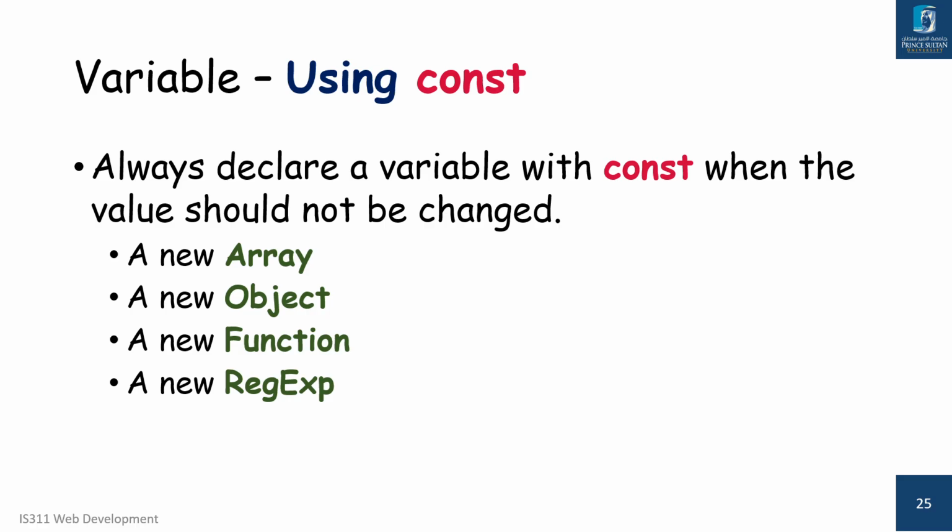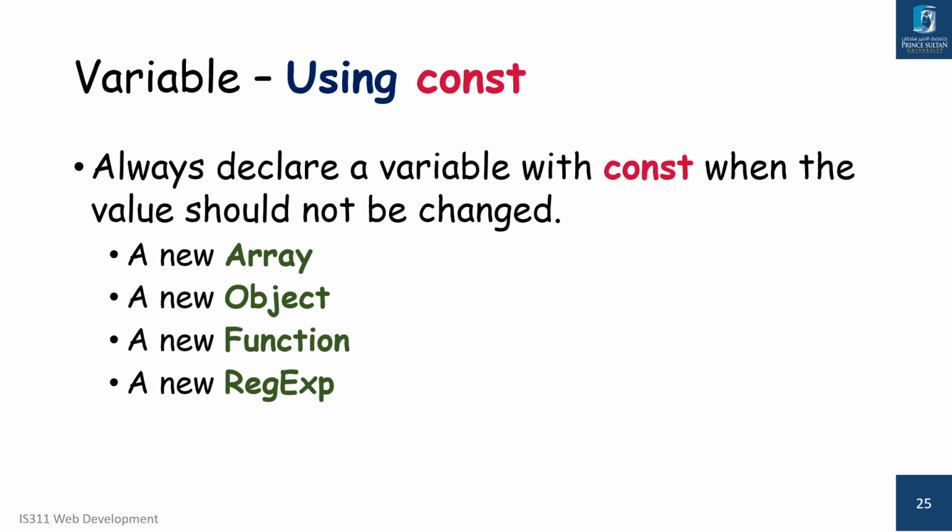Understand? So we define it as a constant, and even if I define an array variable with let and after that change the value, I can change it because there is no restriction in JavaScript. I can assign some integer value, or maybe some string value.